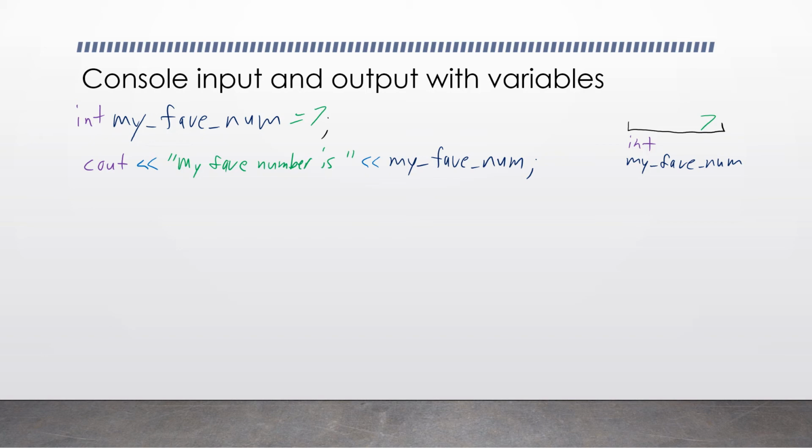And the result of that is that somewhere in a console window, we get the output string my fav number is 7. Okay. Great.